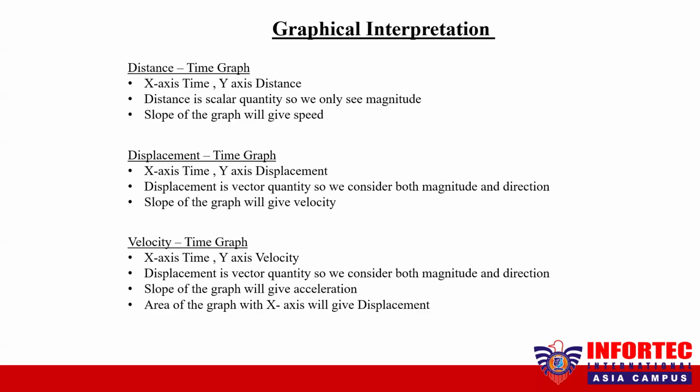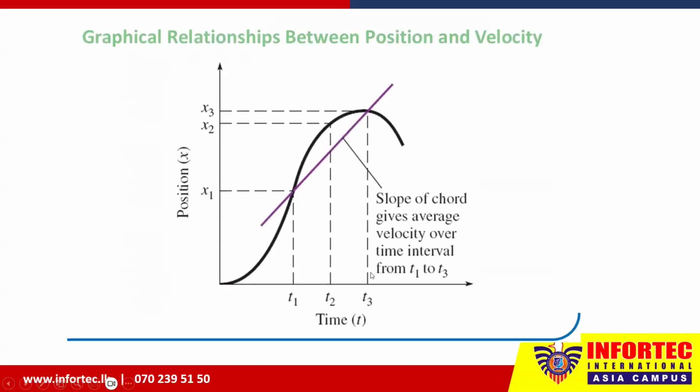The area under the graph with the x-axis will give the displacement. In the velocity-time graph, we take the area under the graph as the displacement, right? We will see some graphical representations in the next slide.